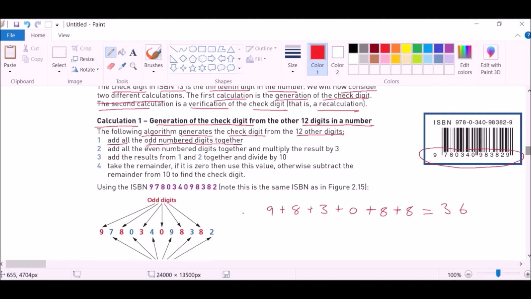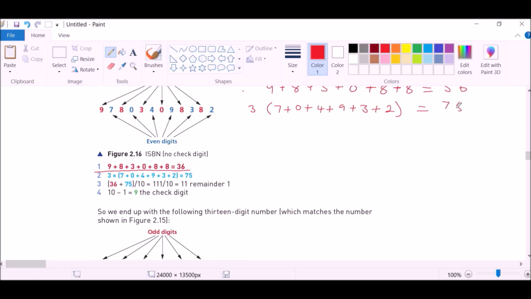Then the next stage: add all the even numbered digits together and multiply the result by 3. So we'll say 3 times 7 plus 0 plus 4 plus 9 plus 3 plus 2, which will give us 75.